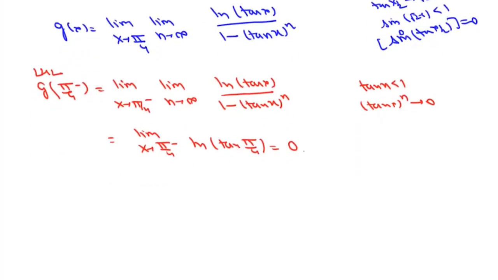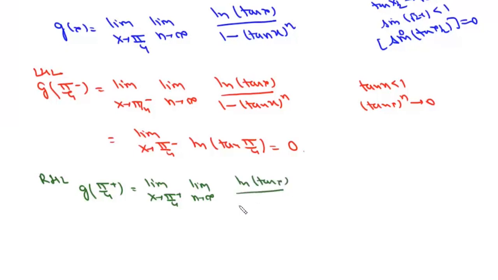And if we look at the right hand limit at pi by 4, the right hand limit will be g(pi by 4 positive), and it will be limit x tends to pi by 4 positive, limit n tends to infinity, log tan x upon 1 minus (tan x) to the power n.